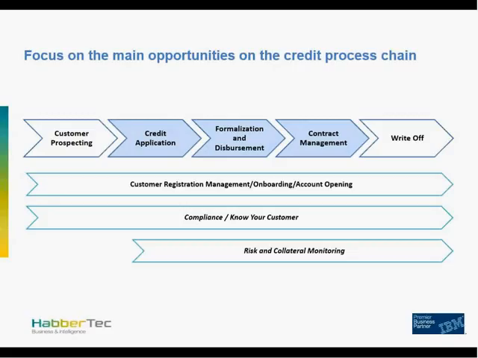So we are trying to bring them to register with the bank, sometimes open an account. It's not the same for every bank, but sometimes account opening is tied to credit. So it would be in the second level. But on the process chain, the second one is really the credit application.